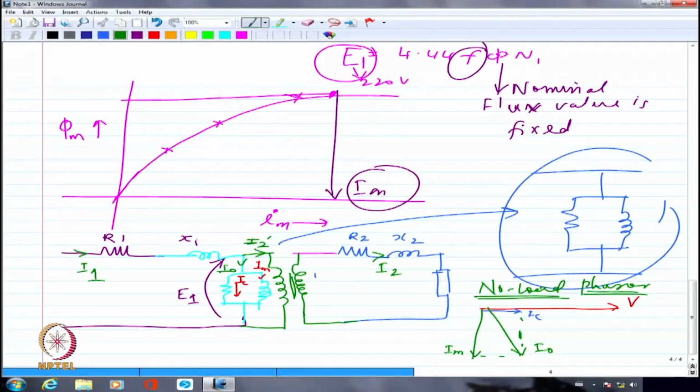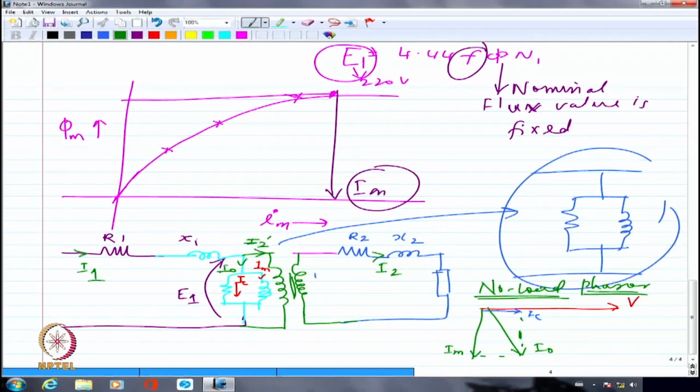We are neglecting I naught, but if I want accuracy, I cannot neglect I naught. Is this clear? So what we have is essentially a load current on the secondary side that will have a reflection on the primary side, and the primary side reflection will have the same power factor as the load power factor. There is no difference because I have not included the no load current as yet.